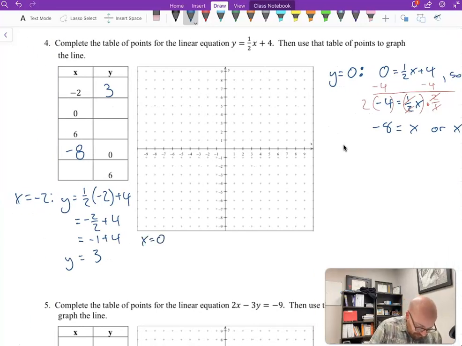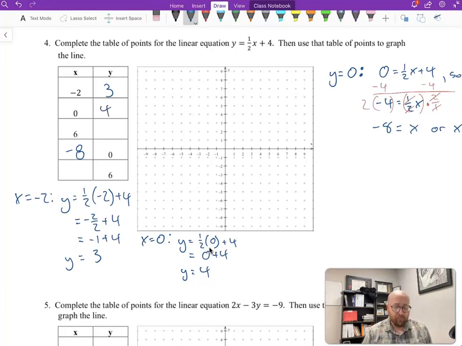x equal to 0. So we have y is equal to 1/2 of 0 plus 4. Well, anything times 0 is 0, so that's 0 plus 4. And 0 plus 4 is 4, so y is equal to 4.